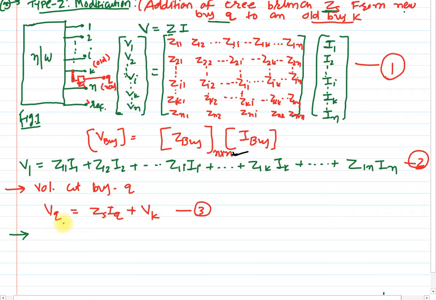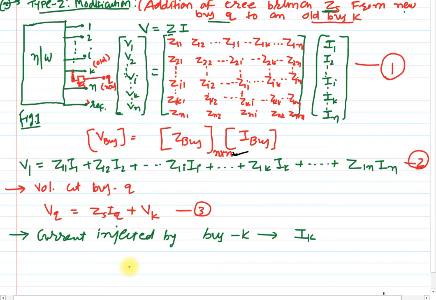So before addition of this new bus Q into the system, the current injected by bus number K before addition of this new bus Q was IK.